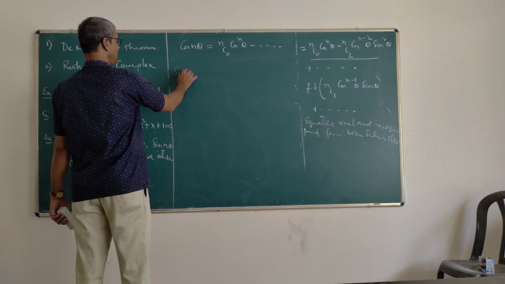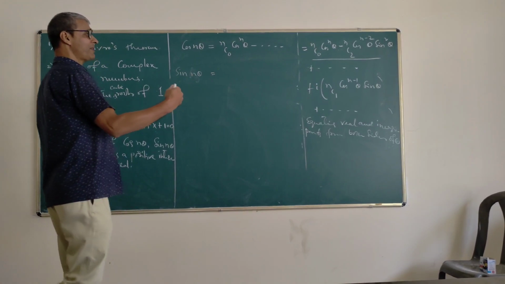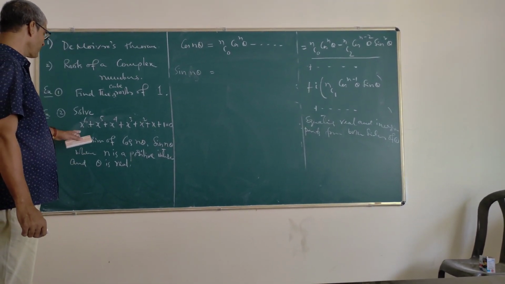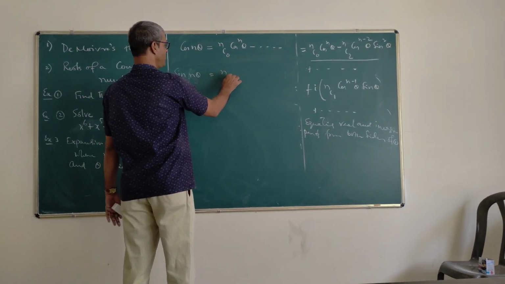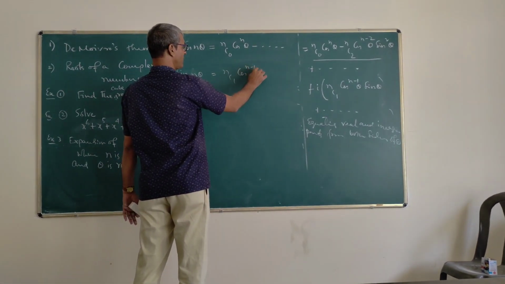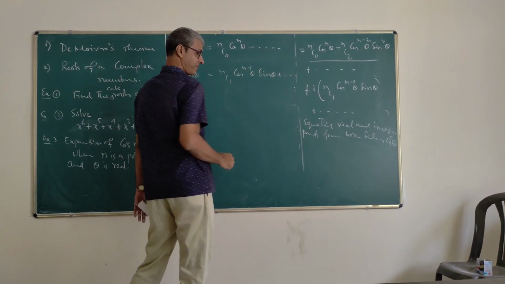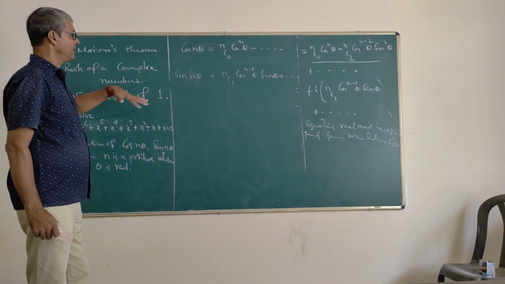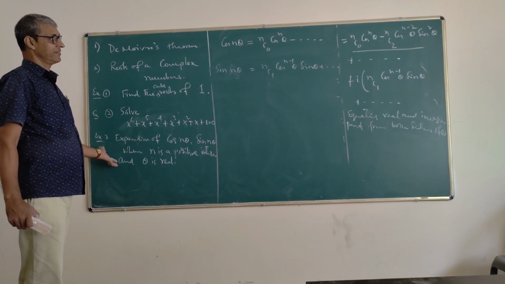Then sin n theta is the imaginary part, so it will be nC1 cos^(n-1) theta sin theta and so on. In this way you will get the expansion of cos n theta and sin n theta.